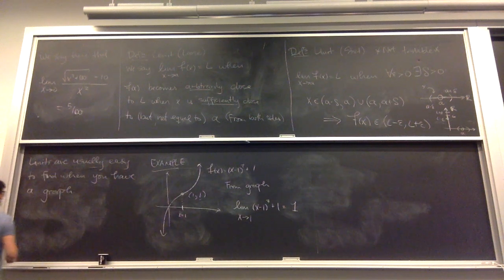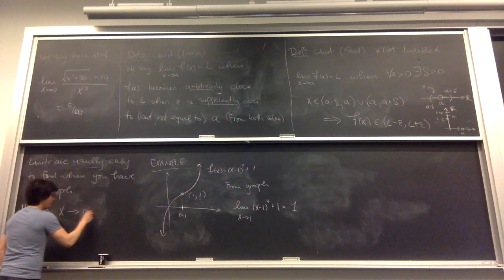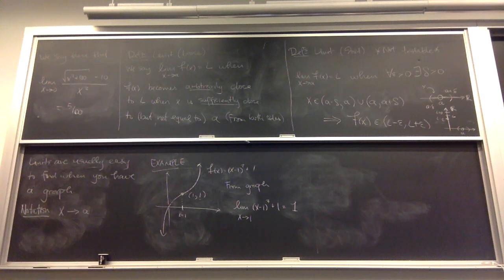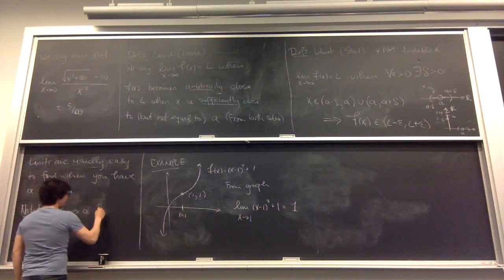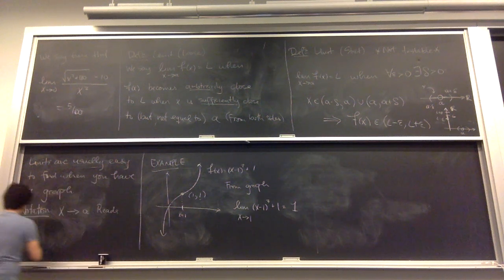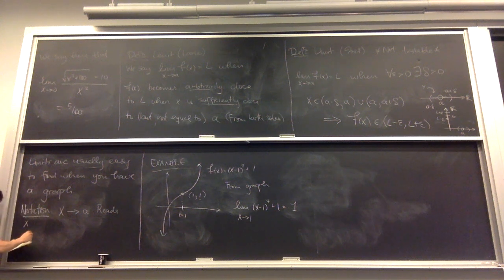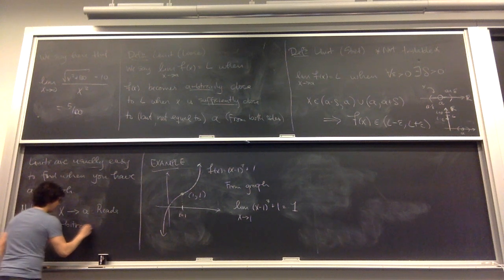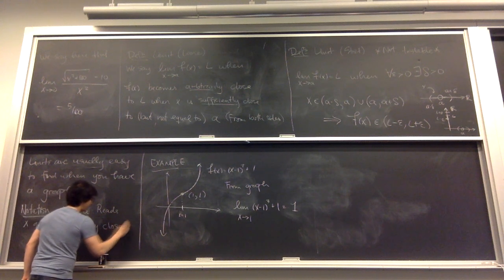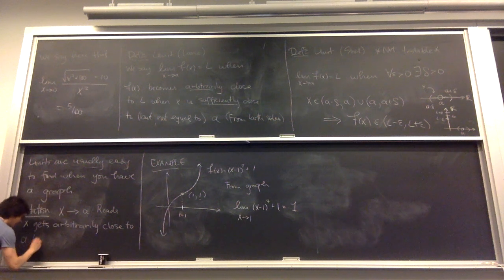I just want to add a little bit of notation. When we say x single arrow a, so you may have noticed that my inference symbols use double arrows. It's because we have a different arrow with one arrow that's this. This reads: x gets arbitrarily close to a, but not equal to.